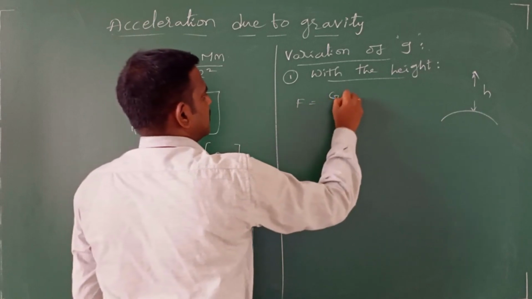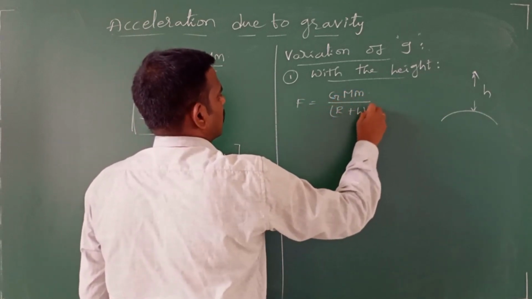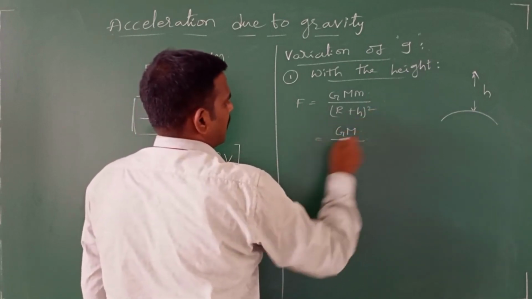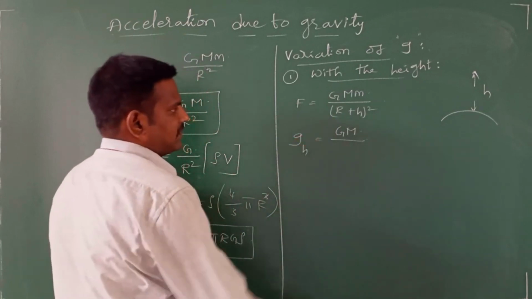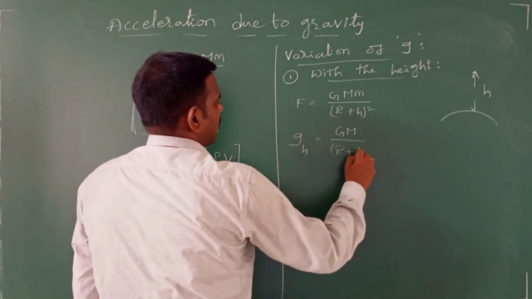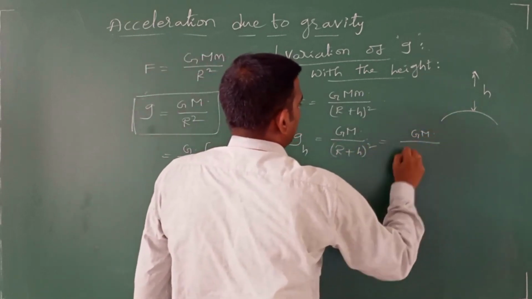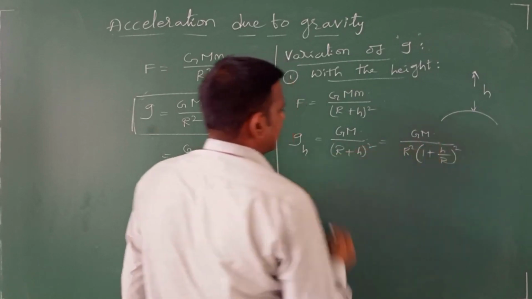F will be nothing but GMm upon (r plus h) whole square. Now from here, we can write F by m as the acceleration due to gravity at the height h. So GM upon (R plus h) whole square. Further, GM by r square times 1 plus h by r whole square inverse. We can write like this now.